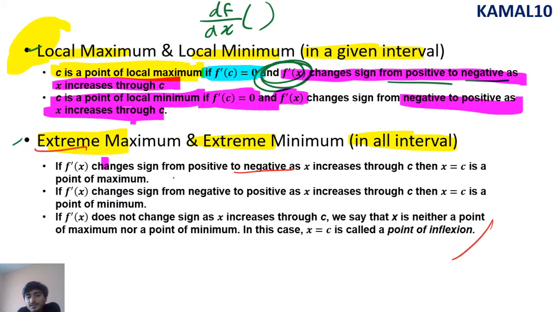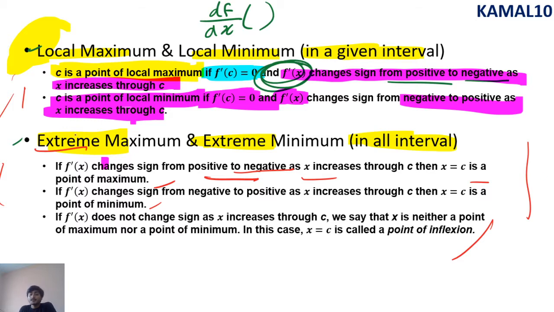So if f dash of x changes sign from positive to negative, it is a point of maximum, all of you know now. This also you know, point of minimum. The definition stays the same, just that the interval is defined: in this case it is only for a fixed interval, in this it is for the complete interval.